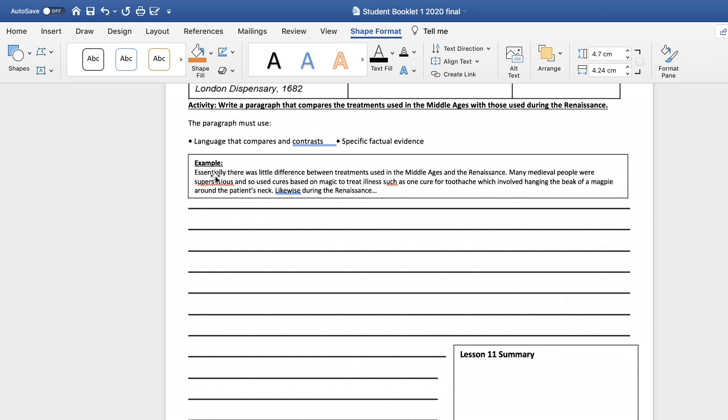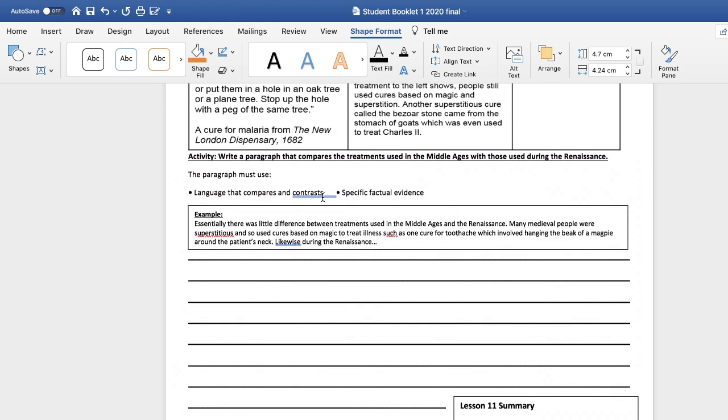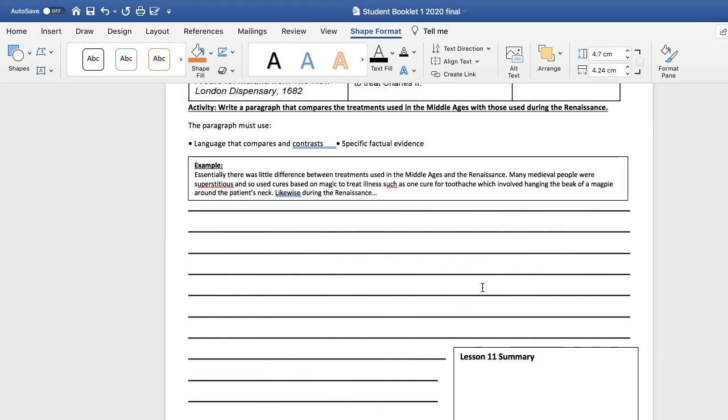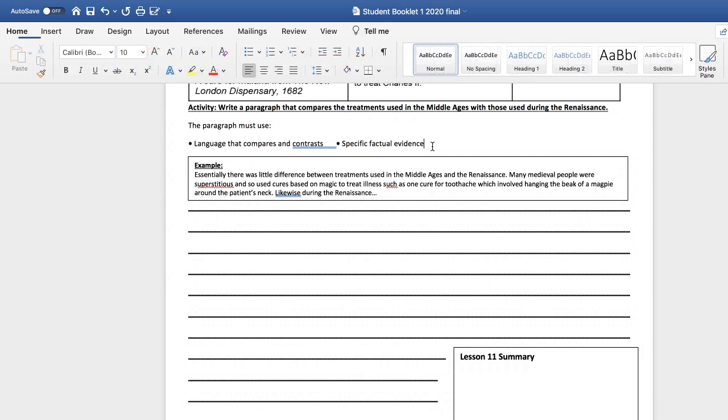So over there it tells you the first part of the structure that you need to answer this type of question. It's really important that when you're comparing something from one period of time to another, you have specific factual evidence from both time periods. You can just add that on in your booklet, and language that compares and contrasts. So that's giving you the first part: it has identified the first time period, the Middle Ages, and it's given examples of treatments from that time.